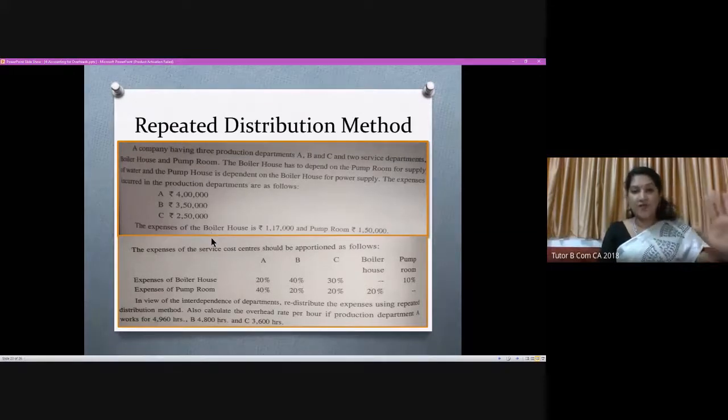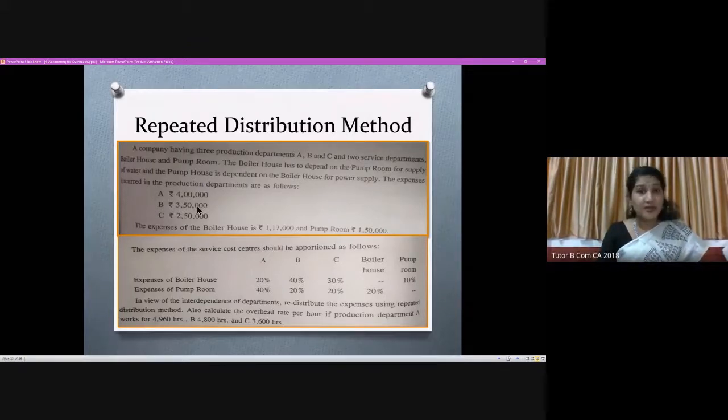So we have 5 departments in this example, and the first 3, that is department A, department B, and department C, come under the category of production department. The service departments are boiler house and pump room.